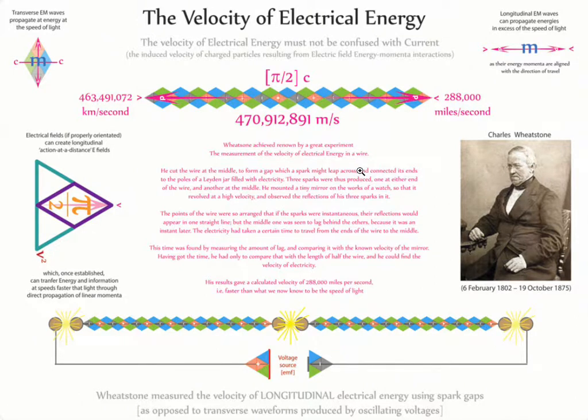And again, it shows that by aligning the energy momenta in longitudinal waves, we can in fact not only move electrical energy faster and information, but we can do work at remote distances almost instantaneously, because obviously any impulse at one end or the other will be relayed almost instantaneously to the distant end, because all the energy momenta are aligned.